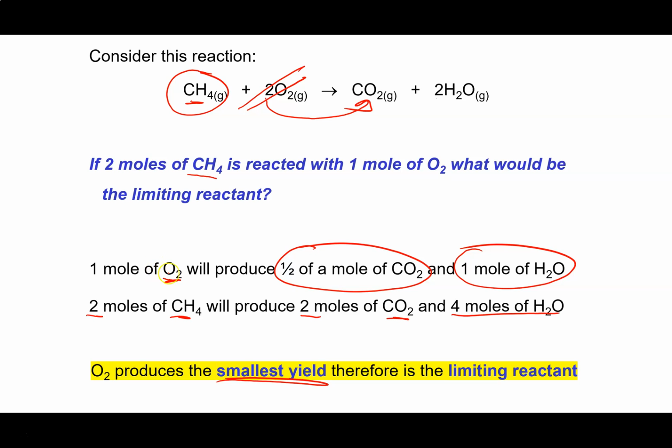And we know that for every mole of oxygen that we use up, we use up half a mole of methane. So we would have used up half a mole of methane in this case, okay? So if we had 2 moles to begin with, we would have ended up with 1.5 moles of methane left over. Yeah, so that's kind of interesting.